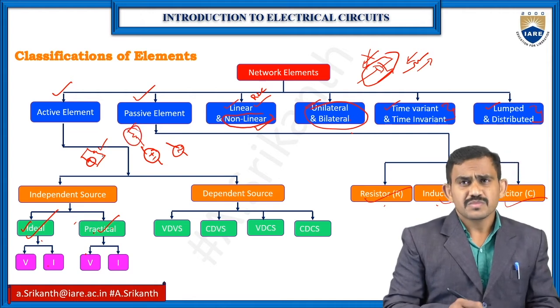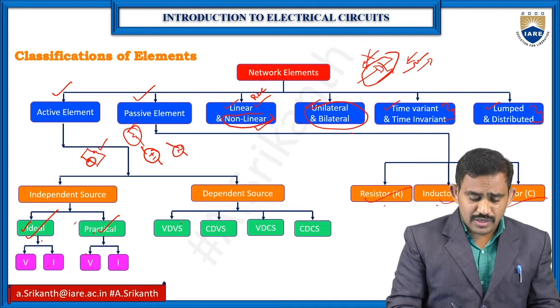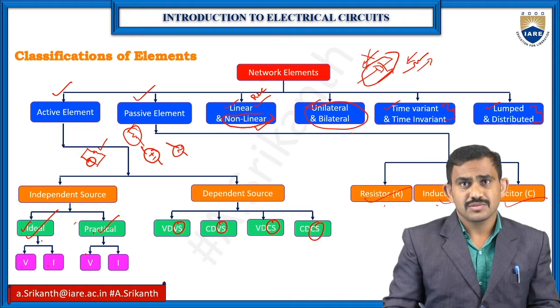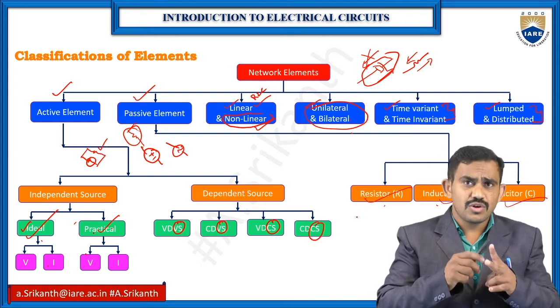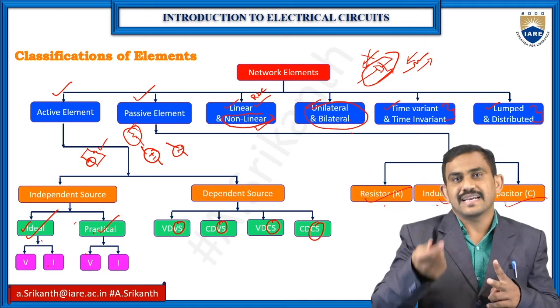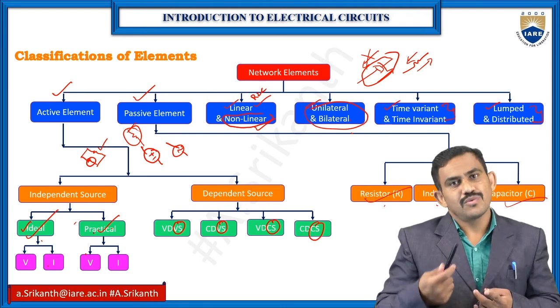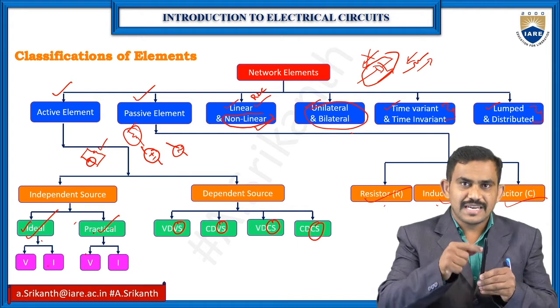Coming to dependent sources, we again have 4. Voltage source we have 2, current source we have 2. This voltage source depends upon another voltage, or upon a current. So a current dependent voltage source, and a voltage dependent voltage source. Likewise a current source depending upon voltage, and depending upon current.